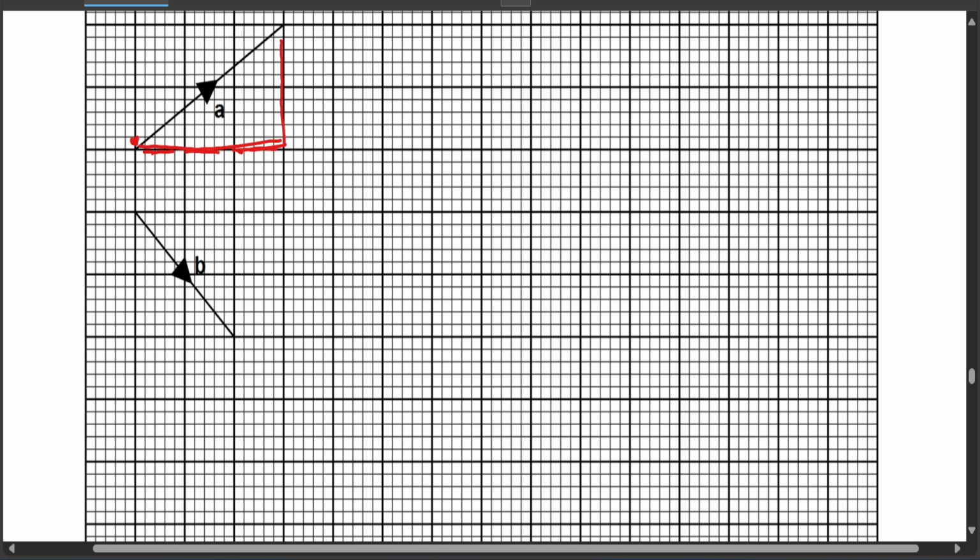For you to reach from here till here, because the path is this way, you need to take this and this, in which this is 3 on the right and this is 1 going up. So basically your column vector will be 3, 1.